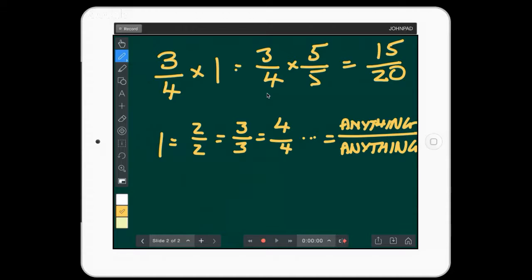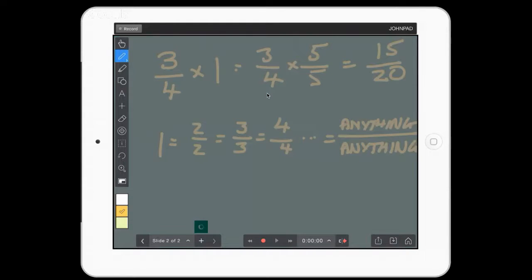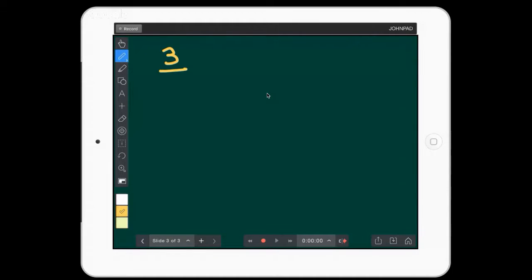Big deal, you might say. But actually, this is very important because, let's have a look at it on another page. Suppose I want to do a fraction calculation like 3/4 plus 2/5. The way we're taught to do it is put it over a common denominator, 4 times 5.